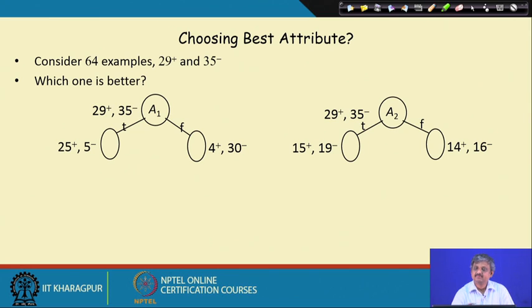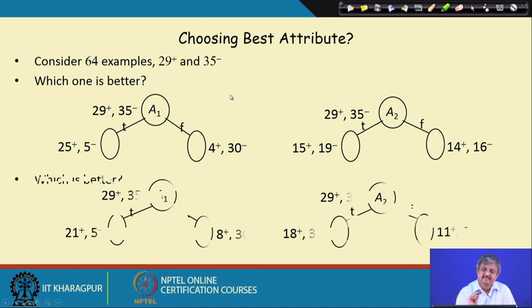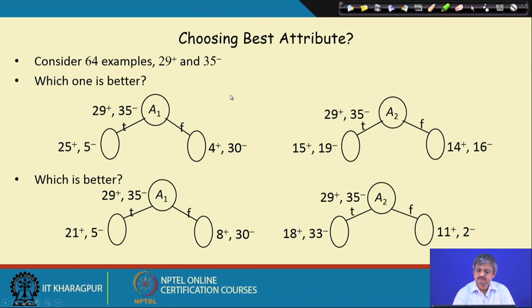Whereas, if we split using attribute A2, this is the picture, and this is the split. So, which split is better? Naturally, this split is better, because here there is a 50-50 mixture of both classes. Here the classes become purer, there they are still mixed.